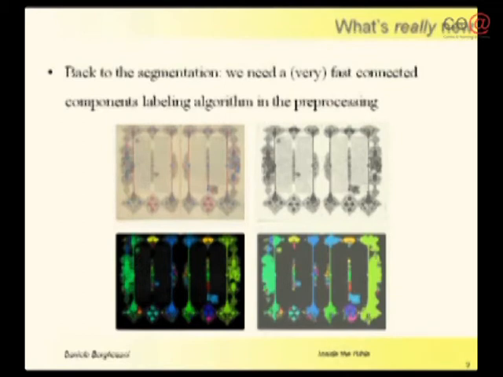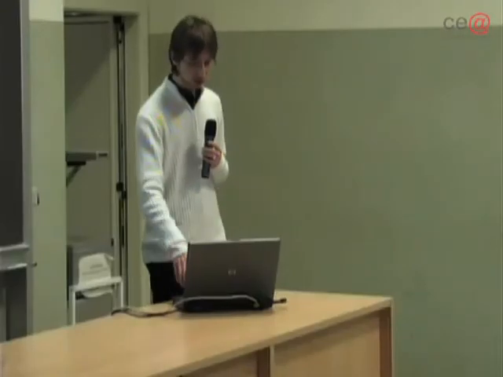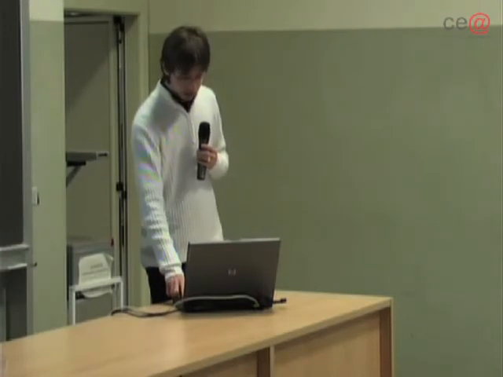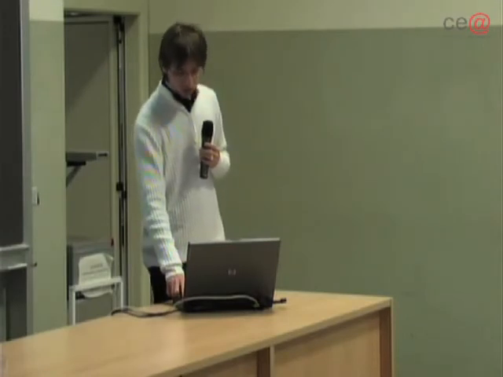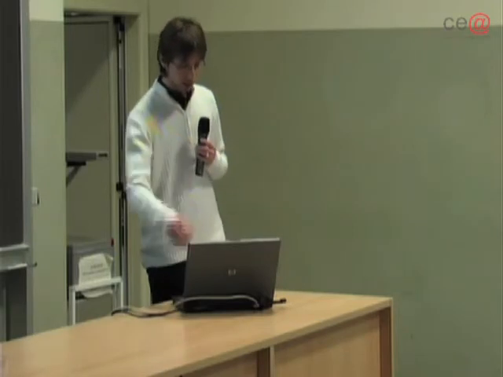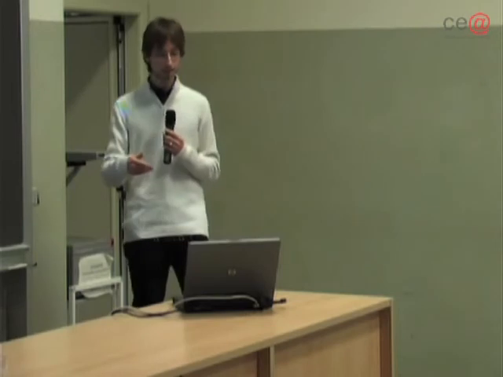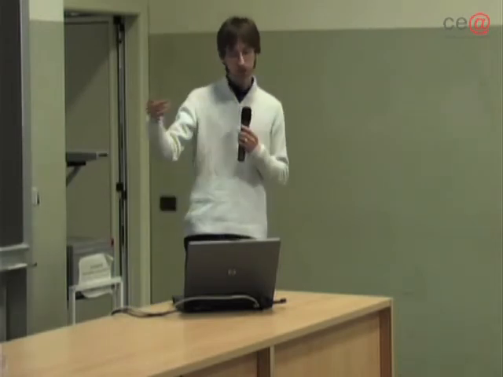Since we have high-resolution images with thousands of labels, we need a very, very fast connected component labeling to perform this. Connected component labeling is a class of algorithms that just assigns a unique label to each connected component of the image.